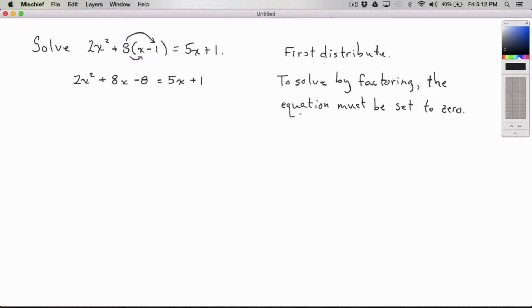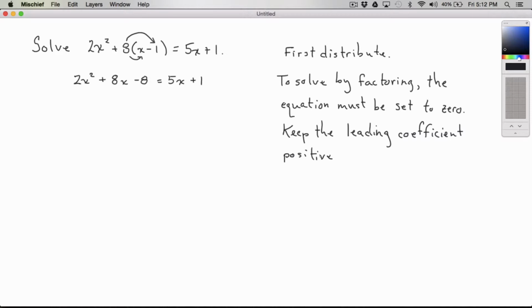To avoid having to deal with a negative, I think the best strategy is to keep the leading coefficient positive.